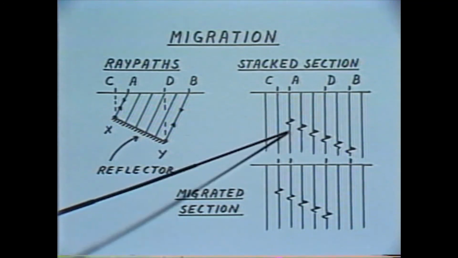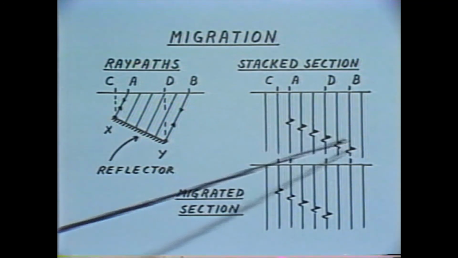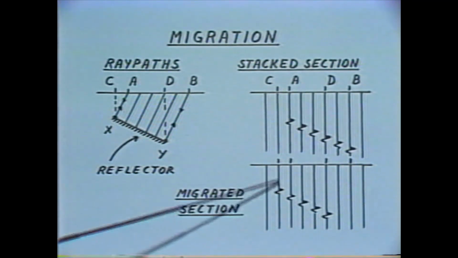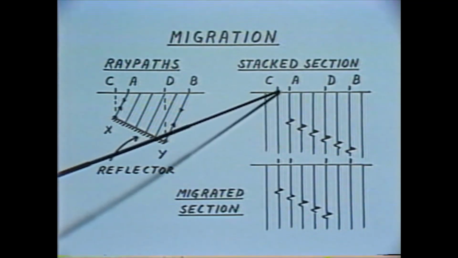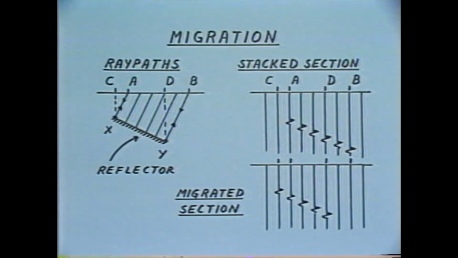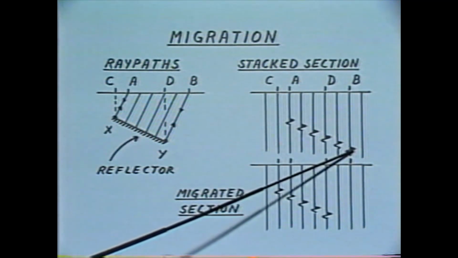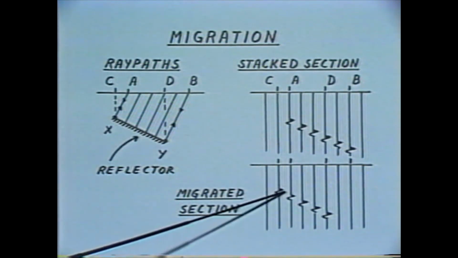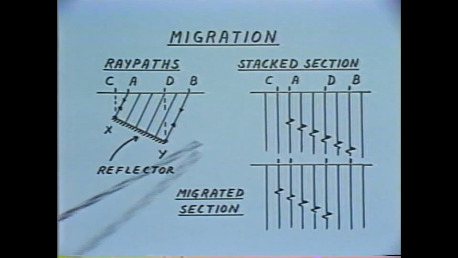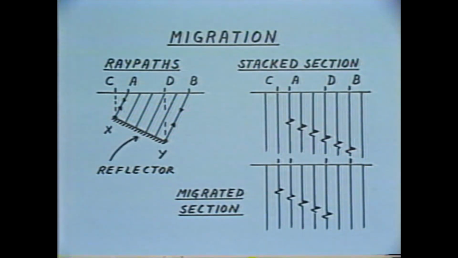So in this case, when we apply migration, it would shift this reflector across the seismic section and position it from below point C to point D on the surface, just as it should be. In the process, you might note that it also tends to shorten this reflector somewhat. This is another aspect of recording a dipping reflector, that it tends to appear longer on the stacked section than it really is.